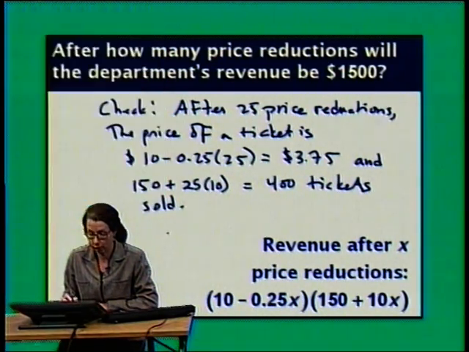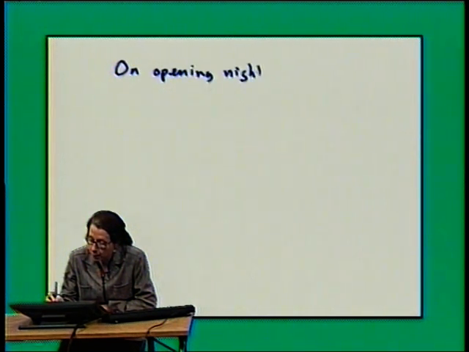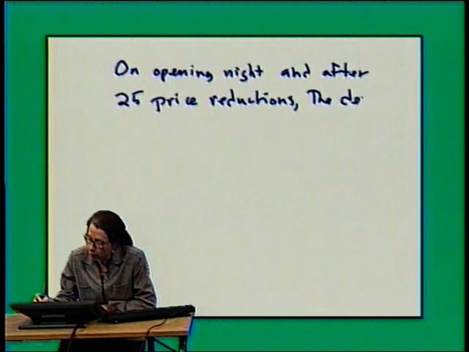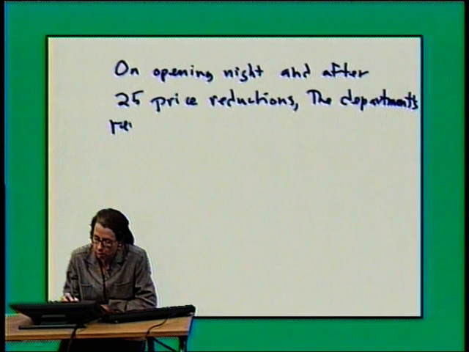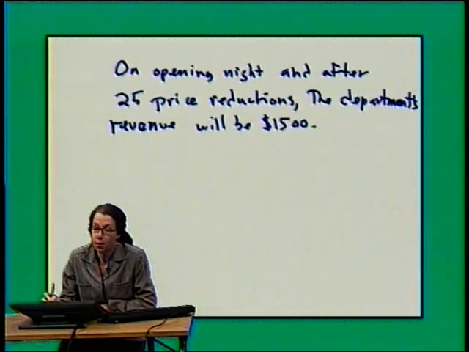So our answer checks. So to state a conclusion, on opening night, and after 25 price reductions, the department's revenue will be $1,500.